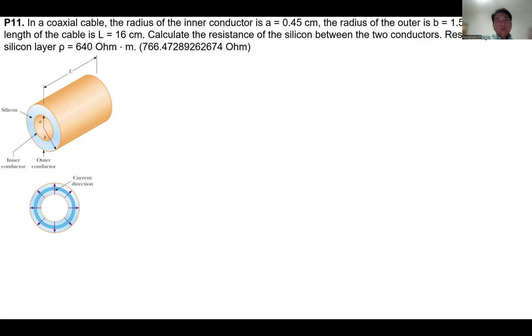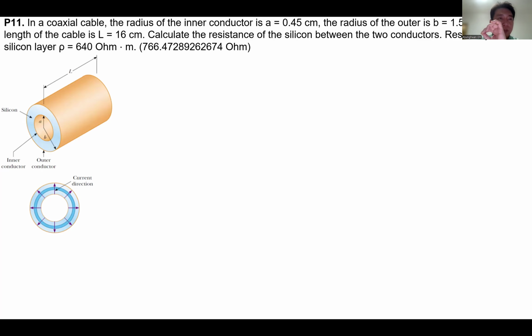Now, let's think about a coaxial cable. A coaxial cable is a very important element in electronics. In this case, the coaxial cable has a capacitance, and it also carries resistance, and it also carries inductance.